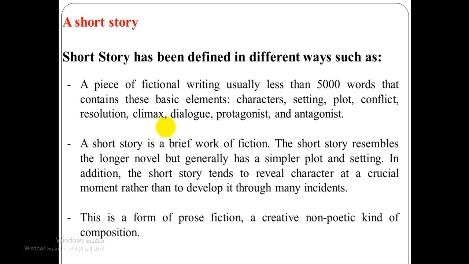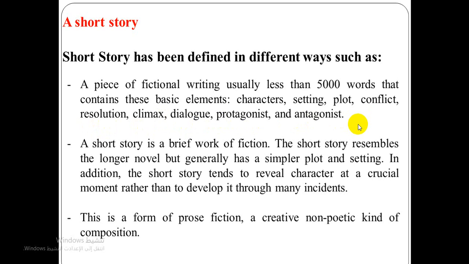Here we have many definitions of the short story. Short story is a piece of fictional writing, usually less than 5,000 words, that contains these basic elements: characters, setting, plot, conflict, resolution, climax, dialogue, protagonist, and antagonist.